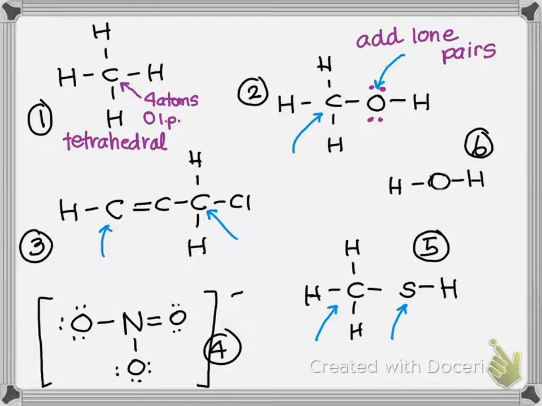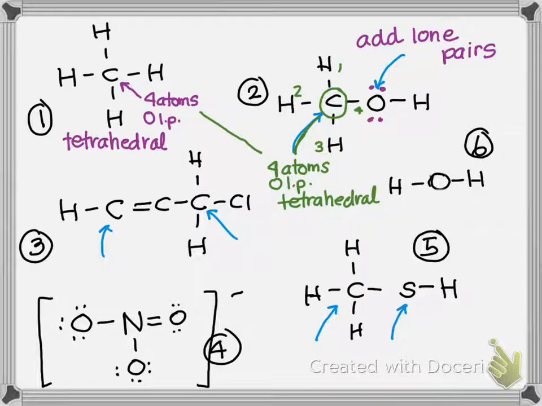So looking at this first one, this carbon right here is attached to 4 atoms, right? There's 1, 2, 3, and 4, and 0 lone pairs. And so just like before, any of them that has 4 and 0 is tetrahedral. We did that one on the last one, that would match.